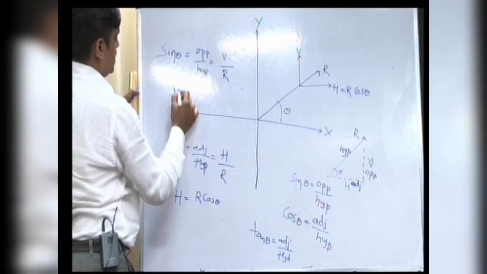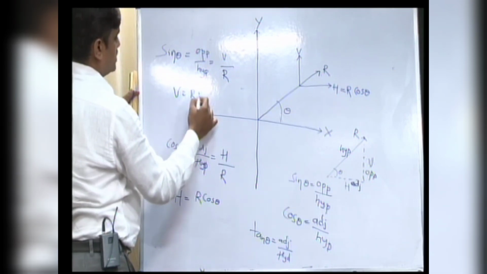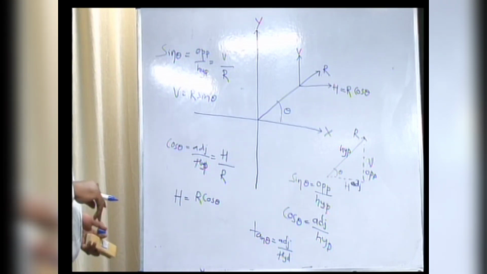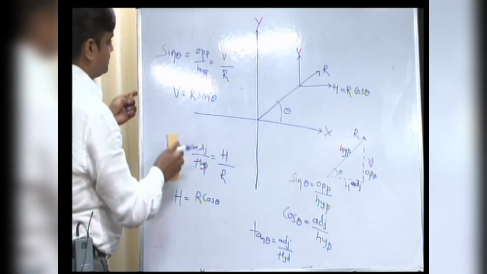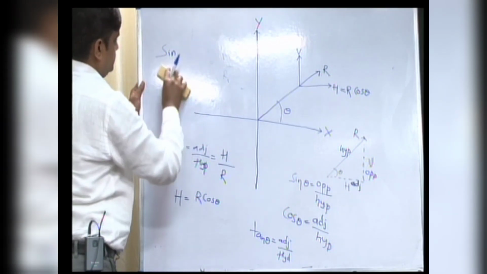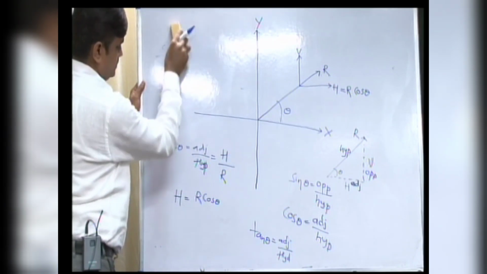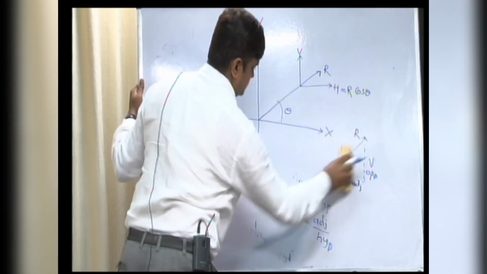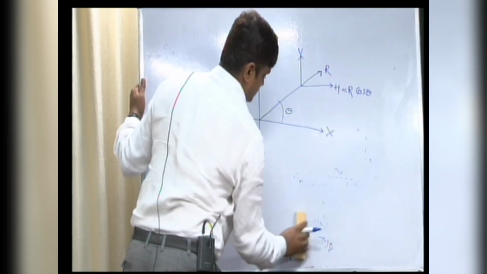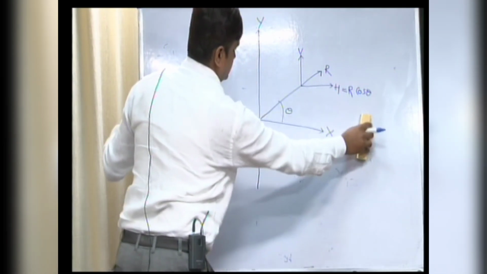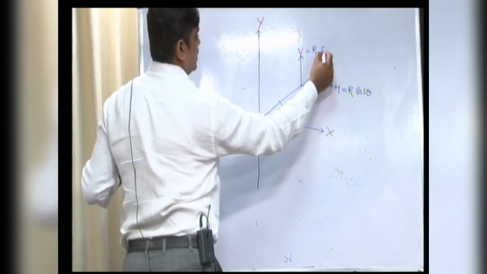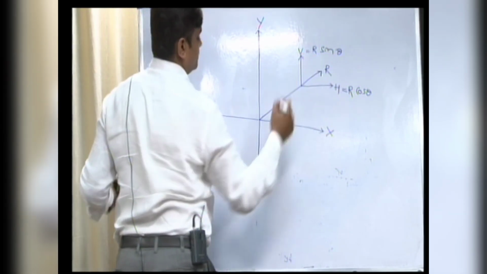So therefore, the vertical component is equal to r sin theta. So V is equal to r sin theta.